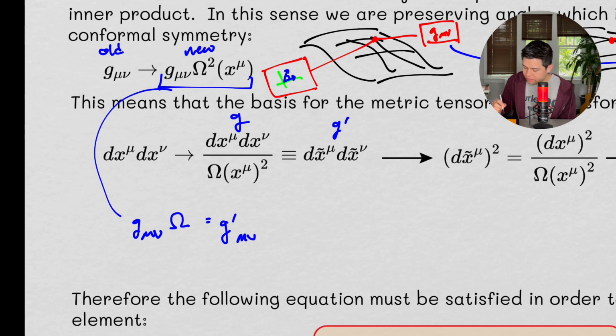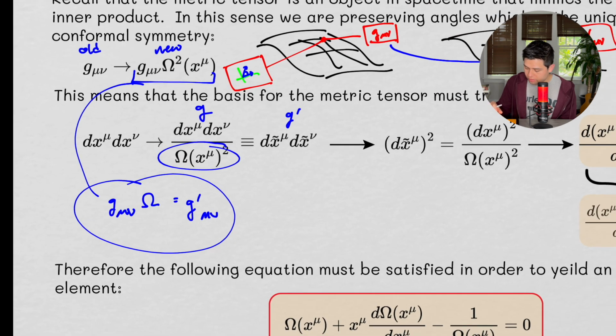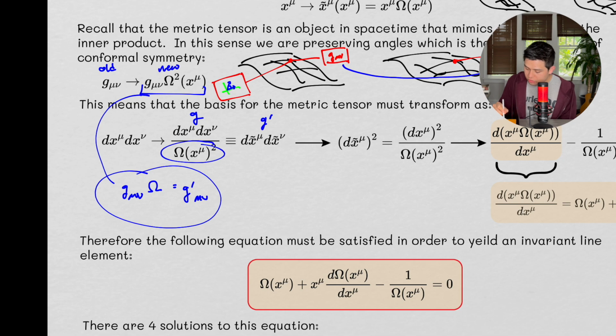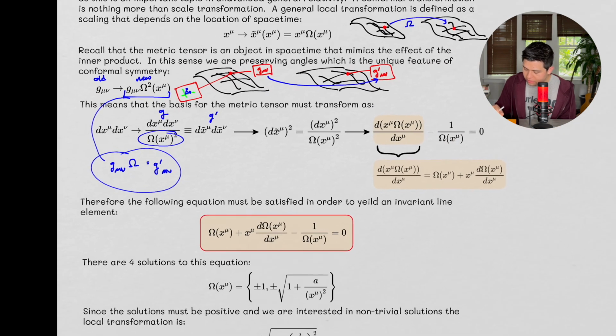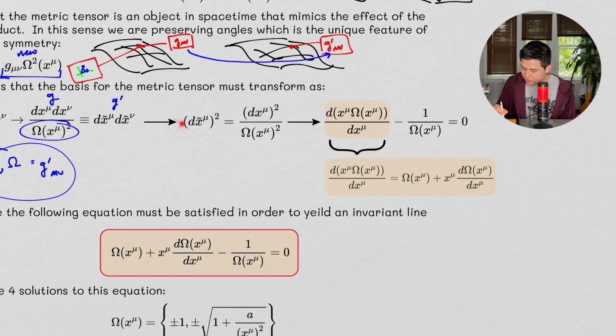Okay, this is the newly transformed, and you might think, well, why is this in the bottom? Well, it can be on the bottom or it can be on the top. It's just a scaling factor of G mu nu. So we're going to define it in this way, which means that if we take mu to equal nu, or nu to equal mu, then we just have this relationship, right?